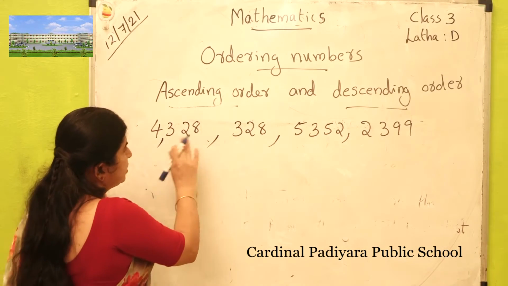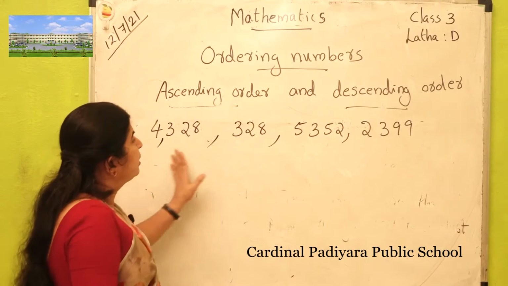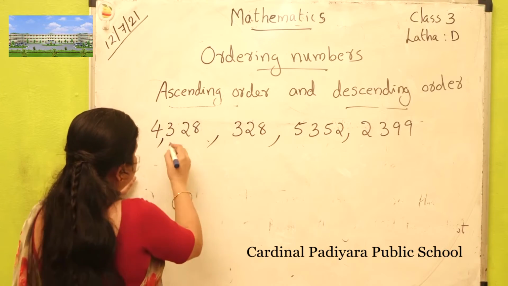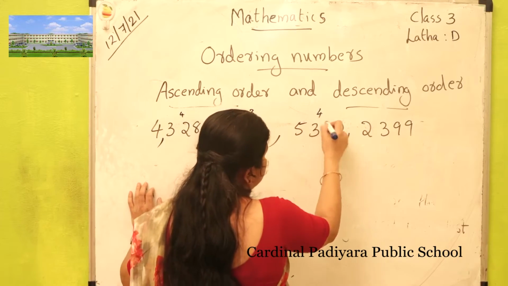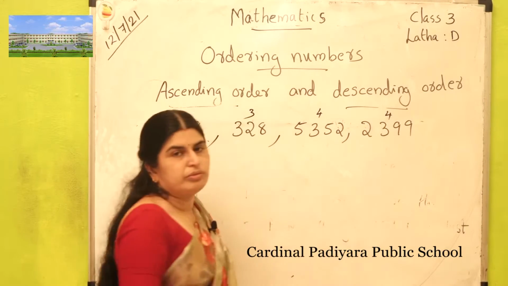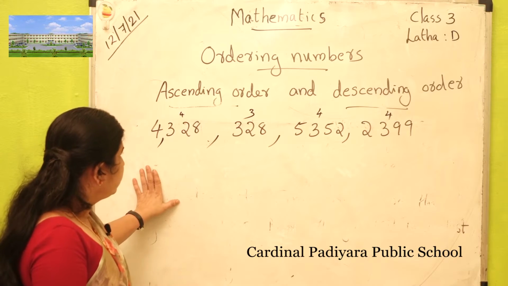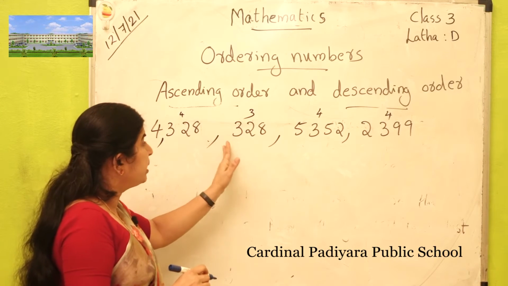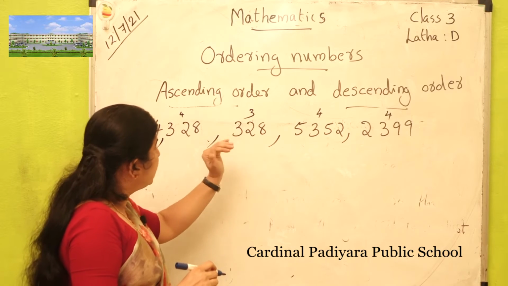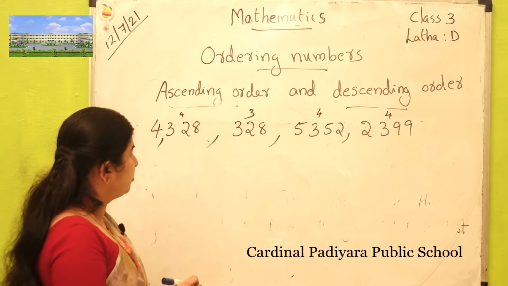First of all we count the digits. Here 4 digits, here 3 digits, here 4 digits and here 4 digits. The number having fewer digits is the smaller number.